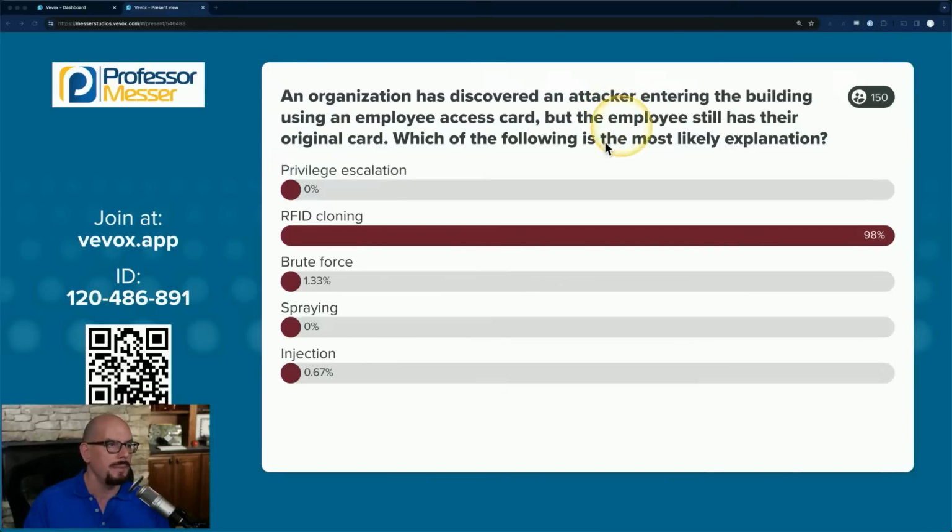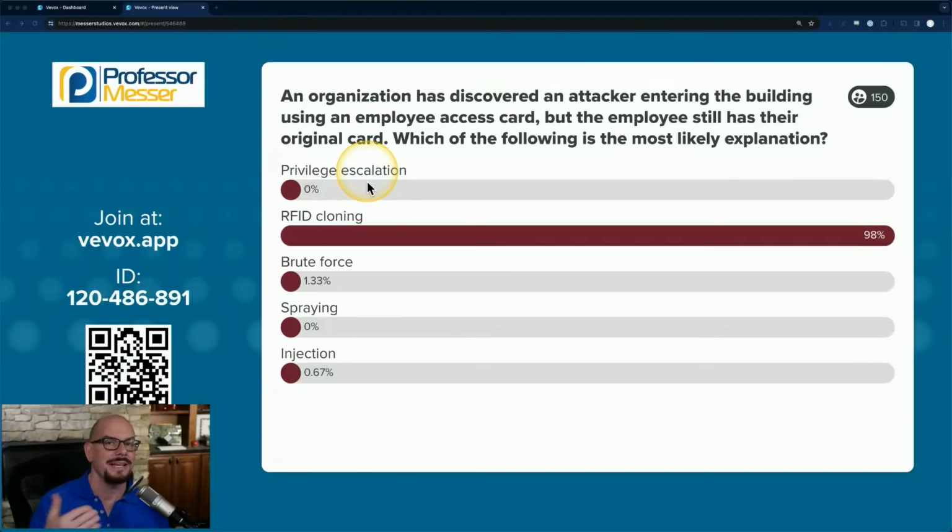It, of course, would not be privilege escalation, which 0% of you chose. Privilege escalation is a way to describe someone who has access to a system and then in some method they use grants them a higher level of access. Whenever you have a certain set of privileges, you may be logged in as a guest or as a normal user. What if you could somehow get root access or administrator access?